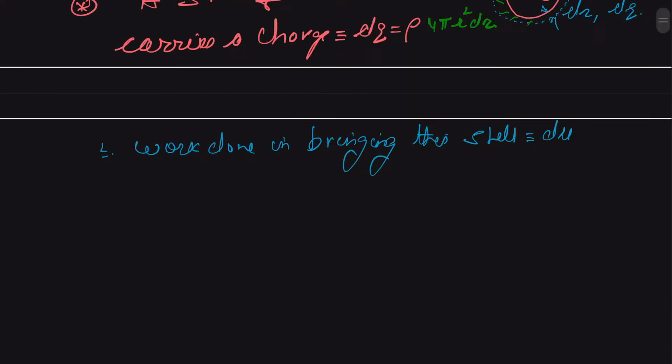So we can write that this dU will be equal to the potential which we already have, that is V of r, multiplied by the charge on the shell.